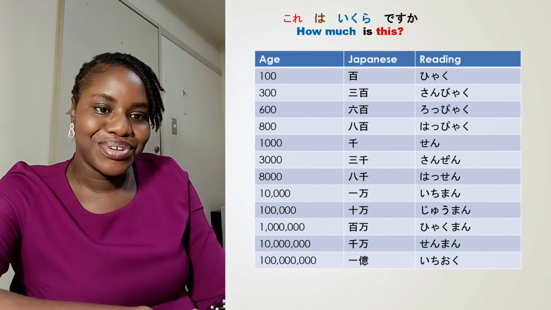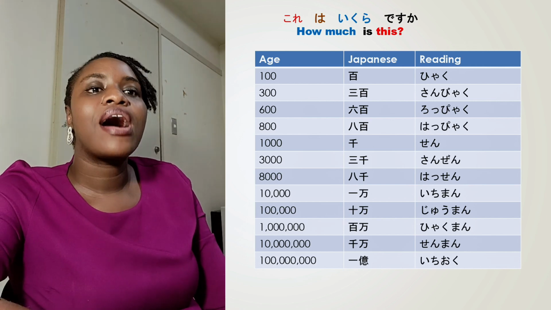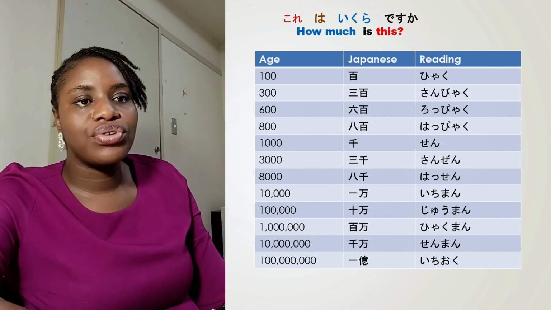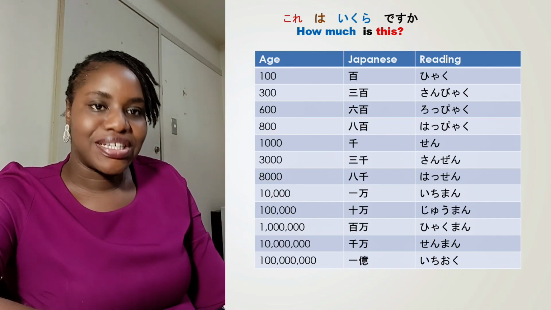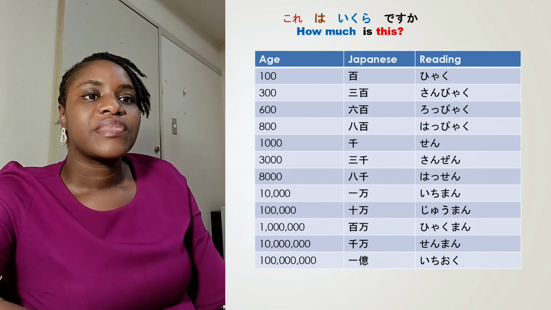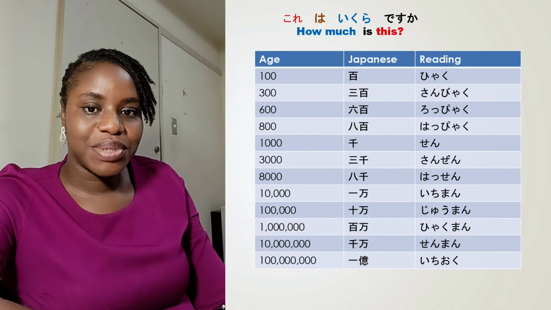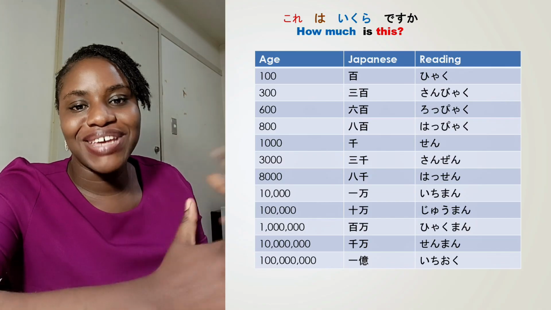Now, the last thing we're going to discuss. "Kore wa ikura desu ka?" How much is this? Or you just want to learn how to say money in Japanese. As I said, if you know how to say 1 to 10 in Japanese, you would know how to navigate around numbers.